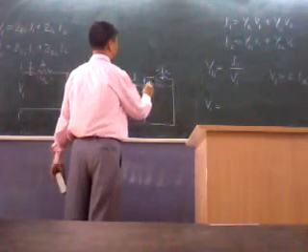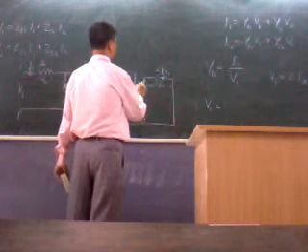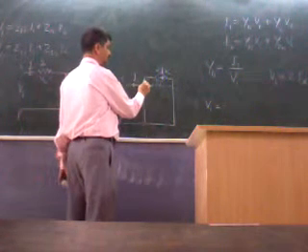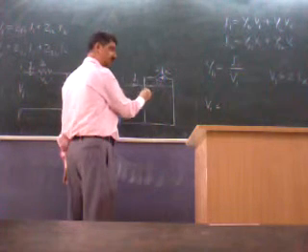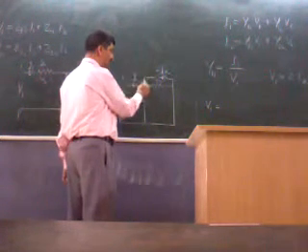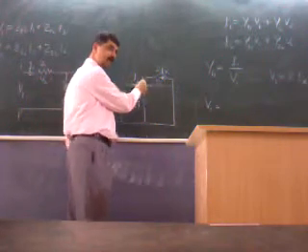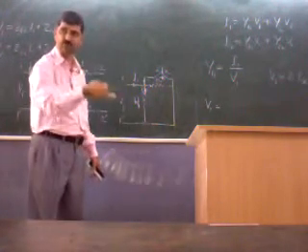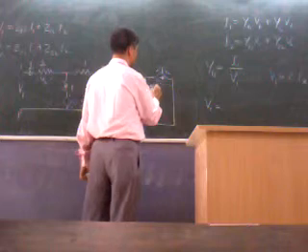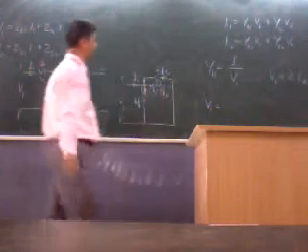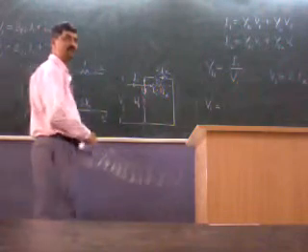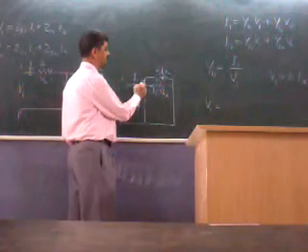This is Ix. So I1 is coming, 2Ix is going, Ix is going on this side. So I1 is coming and 3Ix is going. So this must be I1 minus 3Ix. Now you can verify.